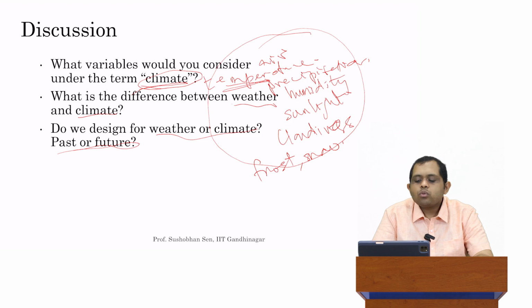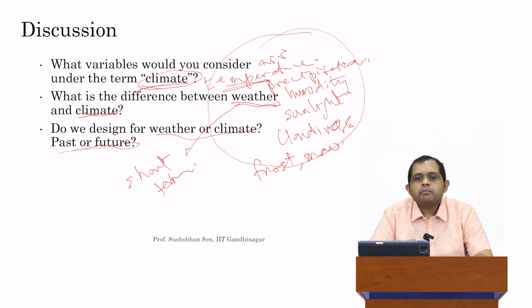But then the question is, what is the difference between weather and climate? If it's hot today and raining tomorrow, if it's dry today and raining tomorrow, if it's hot today and cold tomorrow, then what's my climate? Weather is what we call a short-term phenomenon. So I'll write it here. Weather changes not just day to day, but hour to hour.